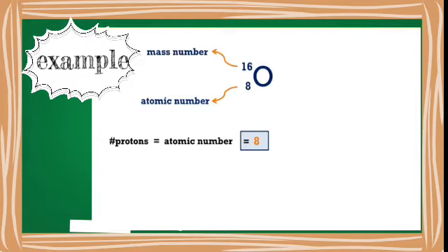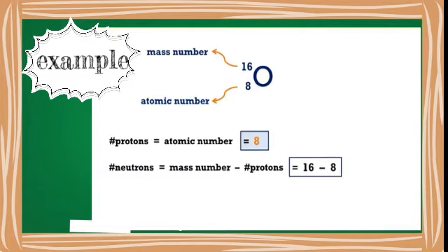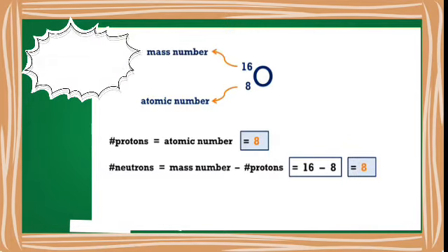Now, let's go to neutrons. The number of neutrons is equal to the mass number minus the number of protons. Thus, 16 minus 8 is 8. It means the number of neutrons is 8.